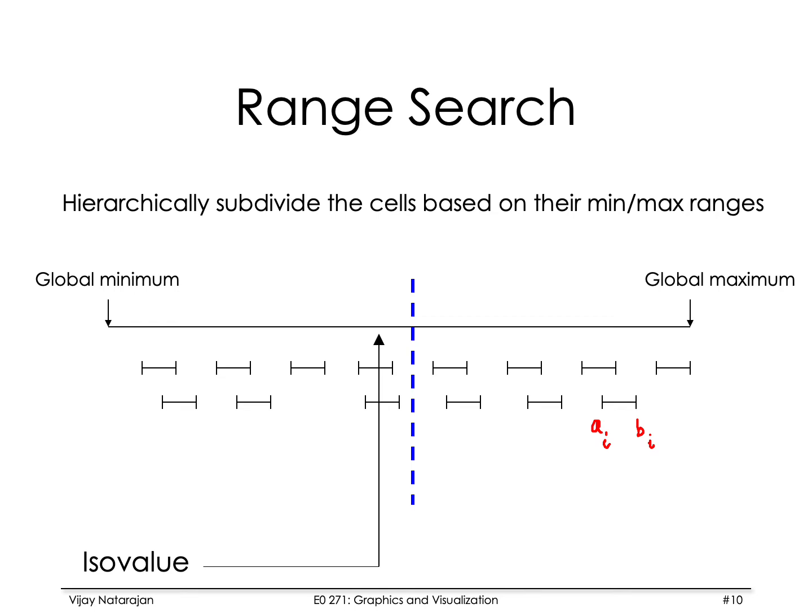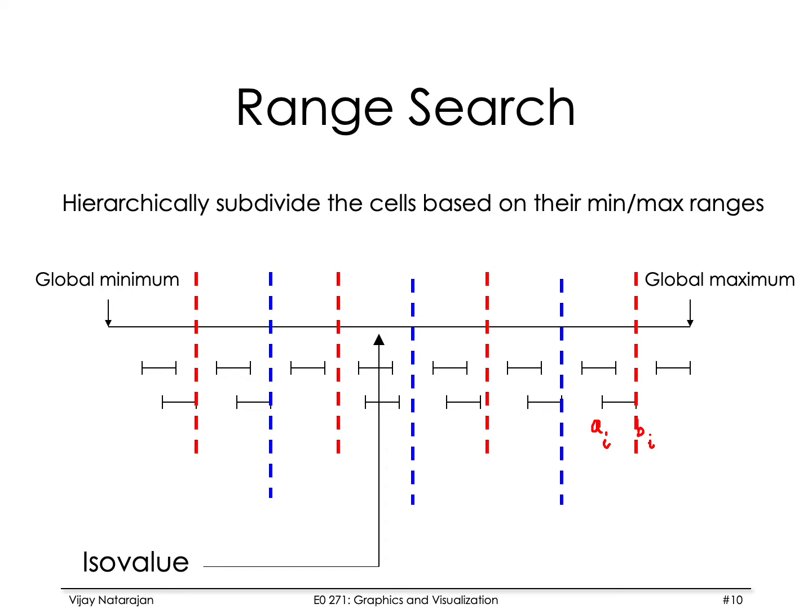I could hierarchically partition the intervals such as this to get 4 collections of intervals and then 8 and so on, and use this hierarchical subdivision to search for the set of intervals that contain my ISO value. So in this figure, we are essentially trying to report all the intervals that intersect this line that indicates the ISO value.